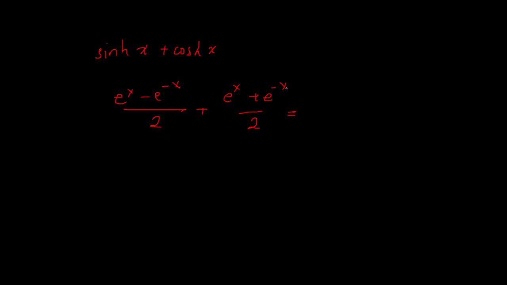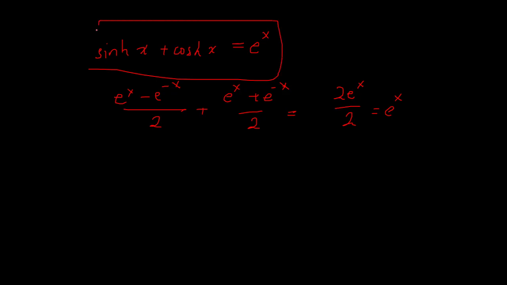Now we simplify this, and we would be getting 2e to the power of x divided by 2, which is equal to e to the power of x. So a tiny identity to remember, sinh x plus cosh x equals e to the power of x. It's a very good identity to remember, and it's going to come in handy sometimes. So, okay, back at it.